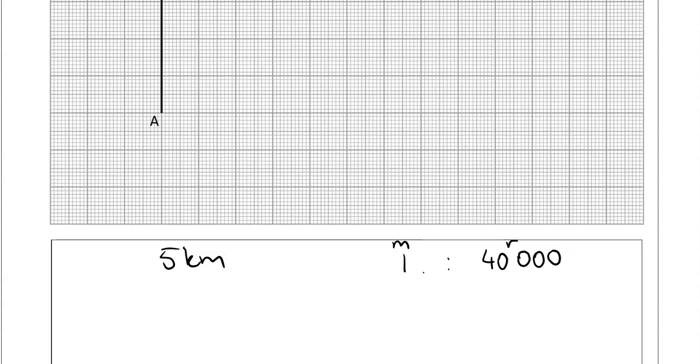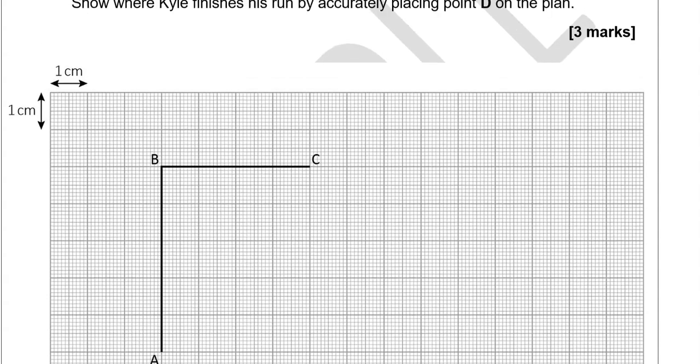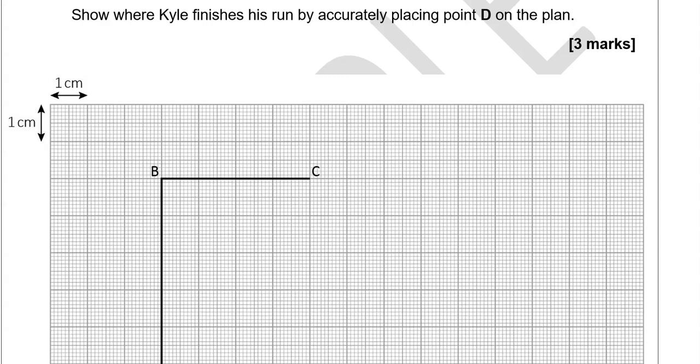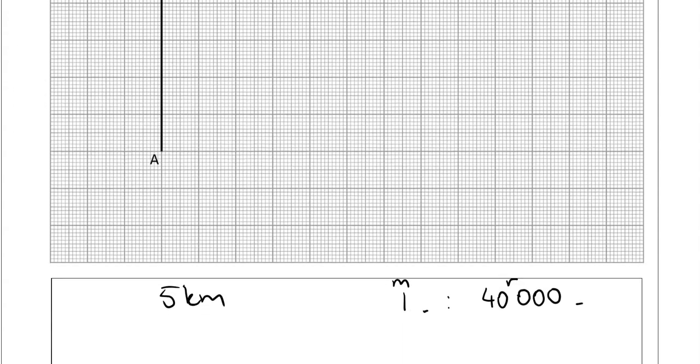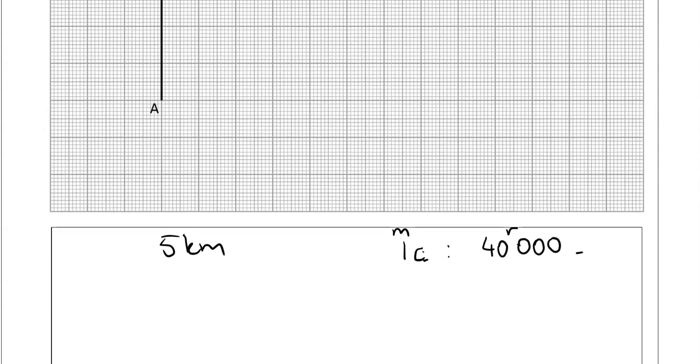As we're not given a unit, whatever unit we use here, we're going to use here as well. And if you noticed, the dimensions of each square are 1 centimeter by 1 centimeter. So we're using centimeters. So 1 centimeter on the map will be equal to 40,000 centimeters in reality, on the ground. What we need to get to is 5 kilometers.